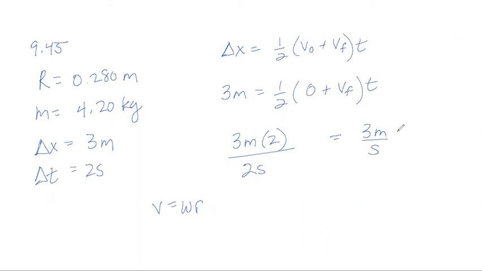So this is v of the block, and omega of the wheel is going to be equal to 3 meters per second divided by 0.280 meters. And that's going to give 10.71 radians per second. Okay, that's omega.